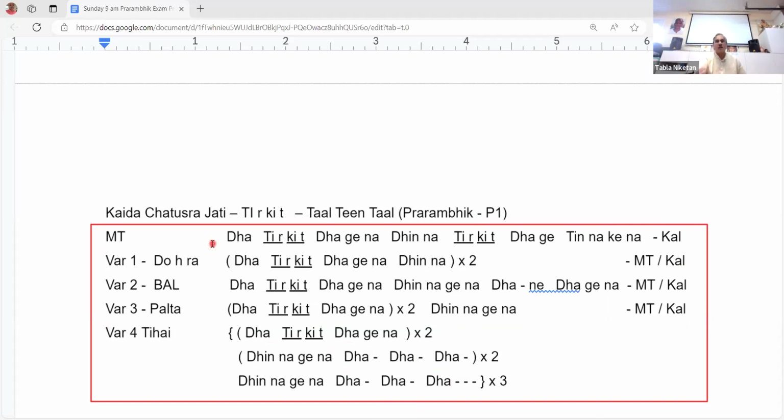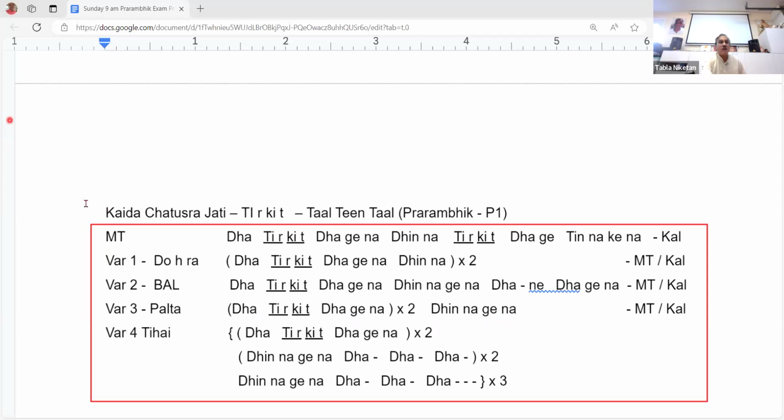Main theme. Da tera kita dhage na dinna tera kita dhage dinna ke. Da tera kita take na dinna tera kita dhage dinna. First variation. Da tera kita dhage na din, da tera kita dhage na din. Khalipa. Da tera kita take na din.